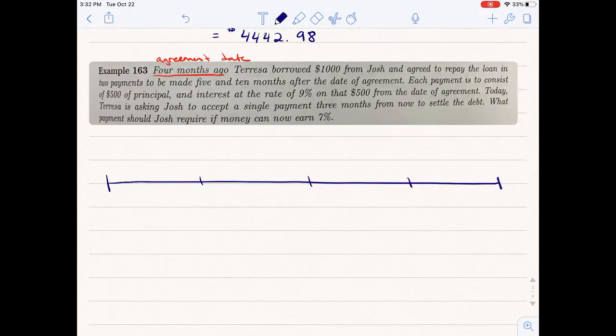If we had a list of all our dates, you might organize them as 4 months ago and then today. But because we've got today on there, most of our brains just want to talk in terms of today, right?